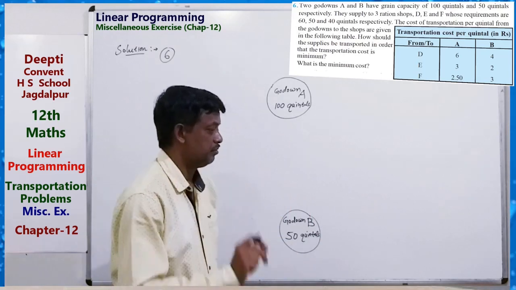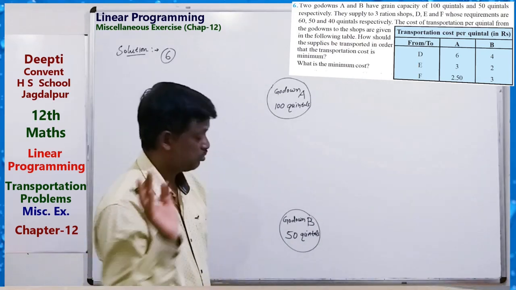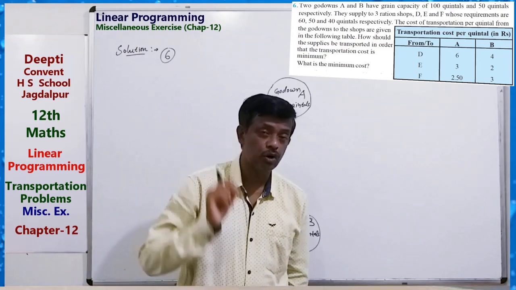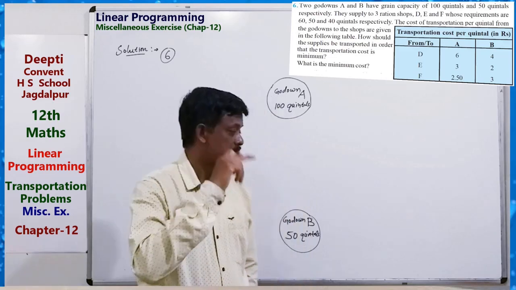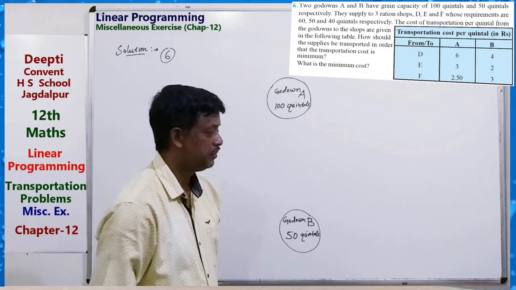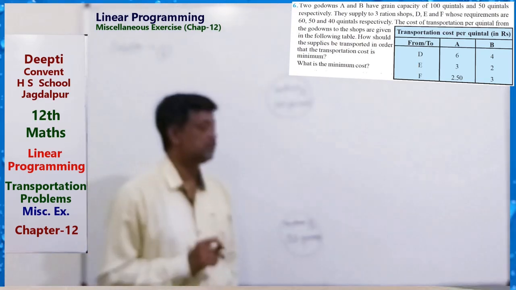Now these two godowns supply to three shops, D, E, and F, whose requirements are 60, 50, and 40 quintals respectively.